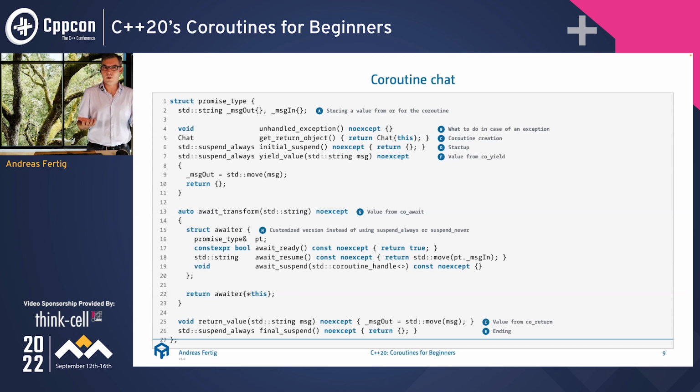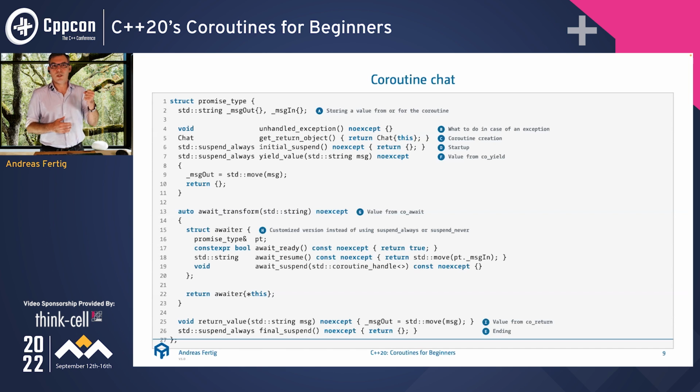You have the option to implement multiple yield values, but I decided to keep it simple at this point. Now, if we look in yield value, then we can see I'm moving the string msg that gets passed to yield value into my message out variable. And then I return a new suspend always object, which is nothing more than more customization points for the compiler.